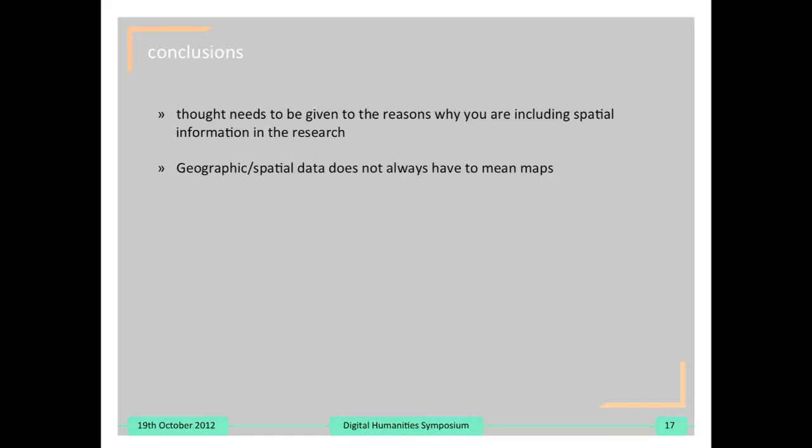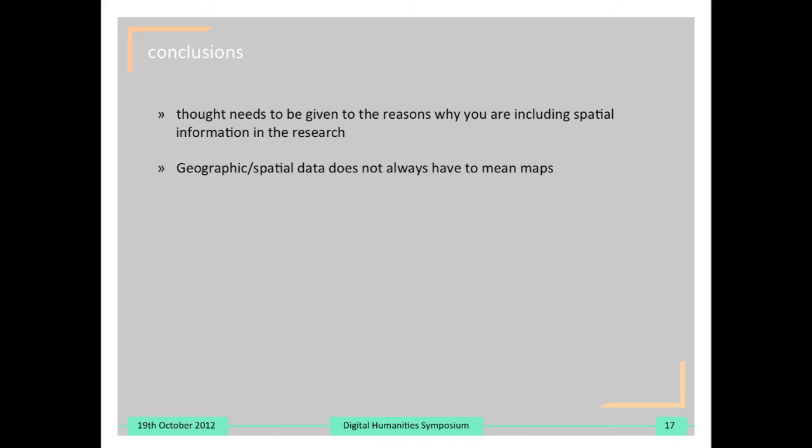All right, that's it. In conclusion, I think it's really important that thought is given to the reasons why you're including spatial information in the first place. If you simply want to put things on a map, that's fine, but if you actually want to get anything more out of it, you really need to think about how you're displaying that data and what you're going to use it for in the end.